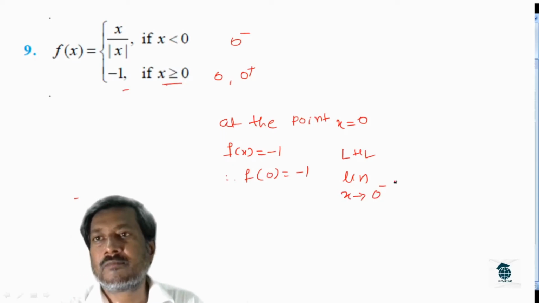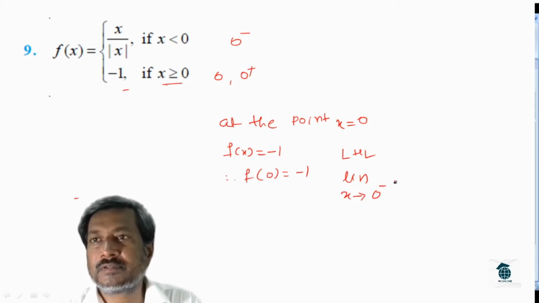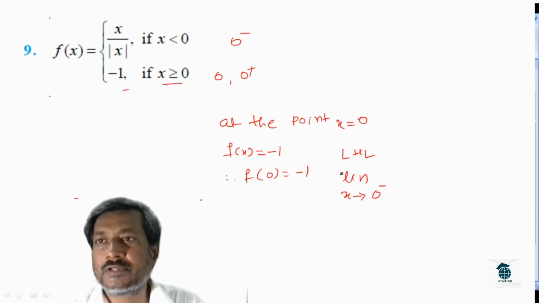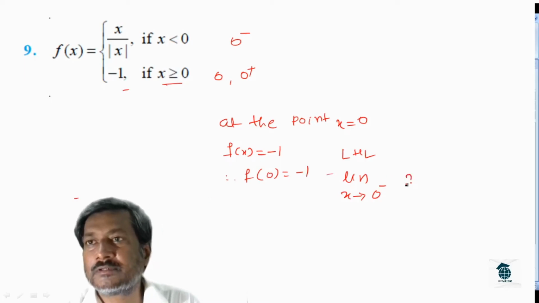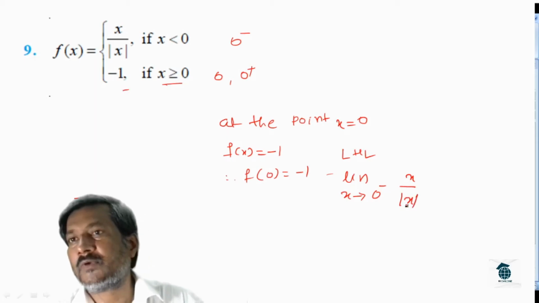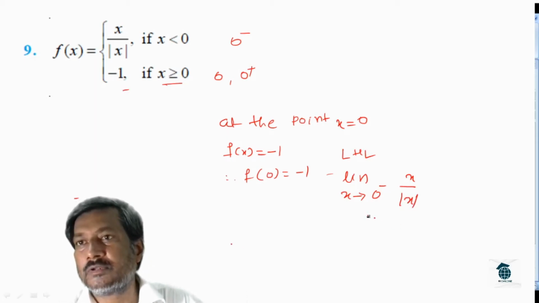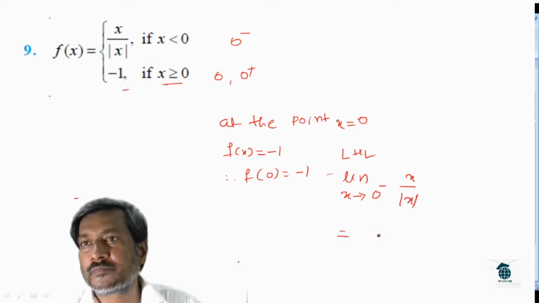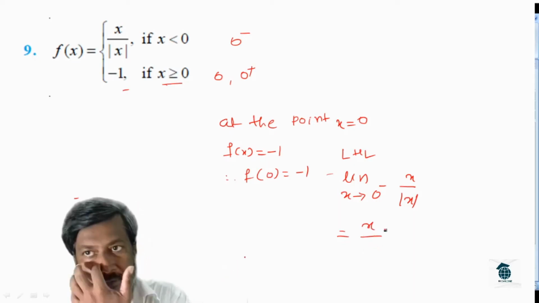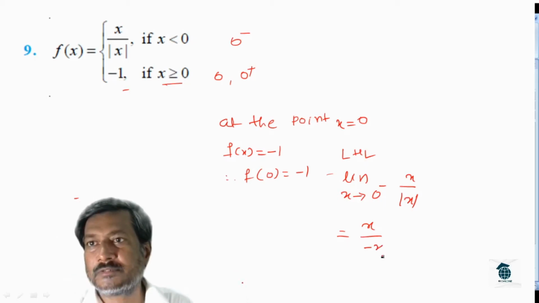Here for 0 minus means x less than 0, we have to consider the function x upon modulus of x. So for negative value it is equal to x upon minus x, therefore its value is minus 1.